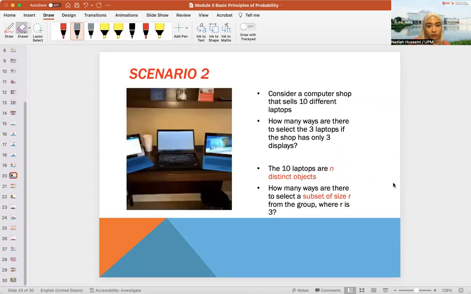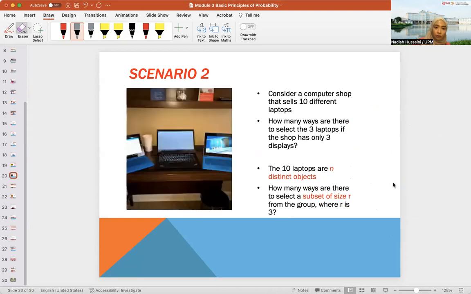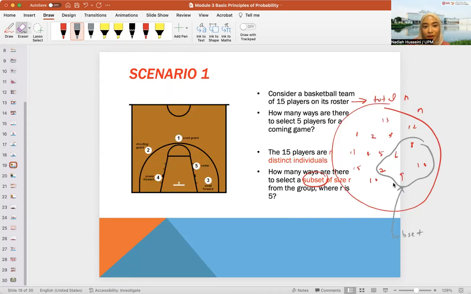So moving on. Those are the questions that I want you guys to think about first. Scenario number 2. Oh, sorry, before I move on. For each individual, I have to determine who is the point guard, who is the shooting guard, who is the center, who is the small forward, who is the power forward.